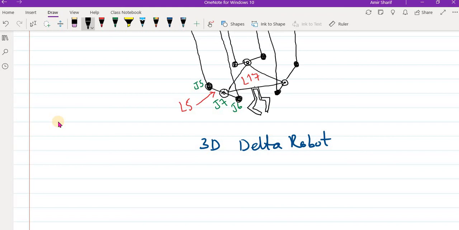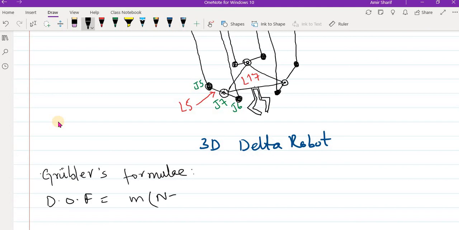To find the degrees of freedom, we use Grubler's formula, which says that degrees of freedom is equal to m(n minus 1 minus j) plus the sum of the freedom of each joint.